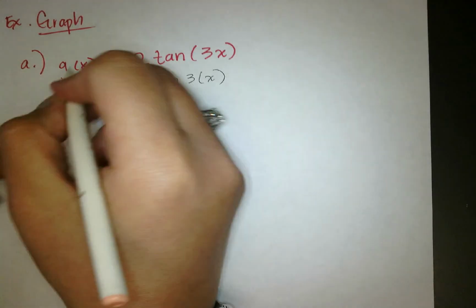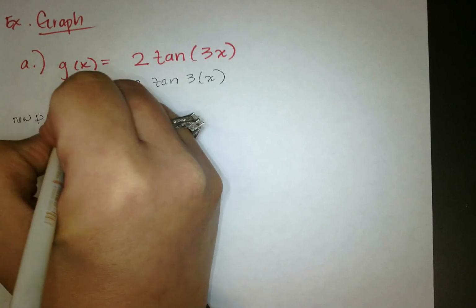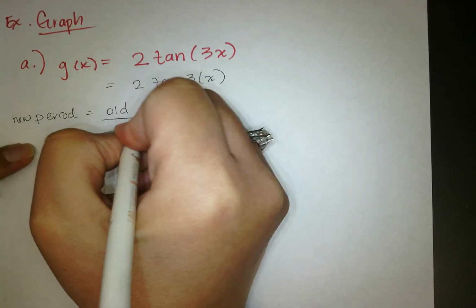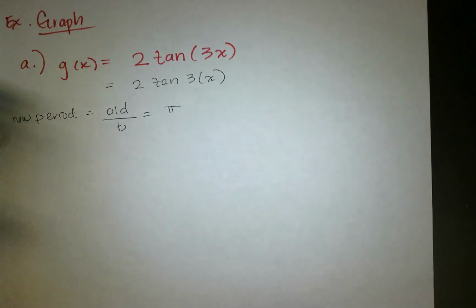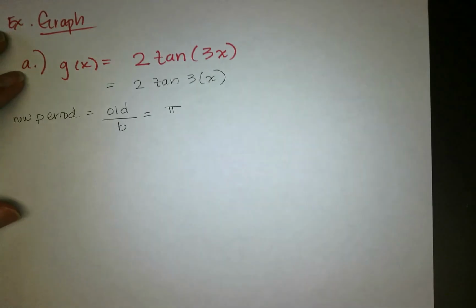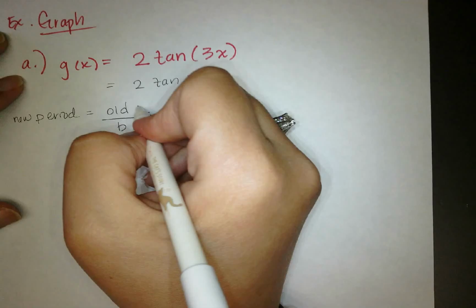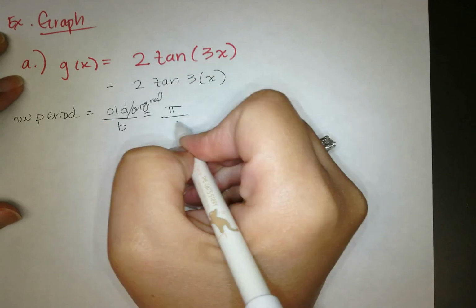So our amp, don't worry about it, but our new period equals the old period over b. The original period of tangent is pi. So old or original over the coefficient, which is 3.